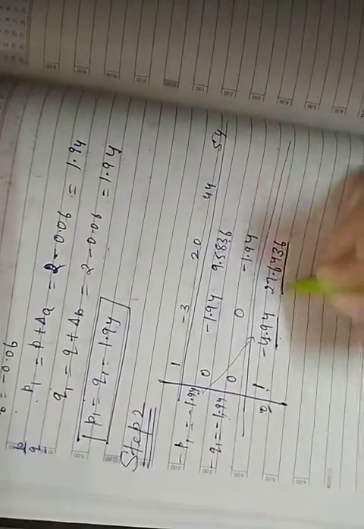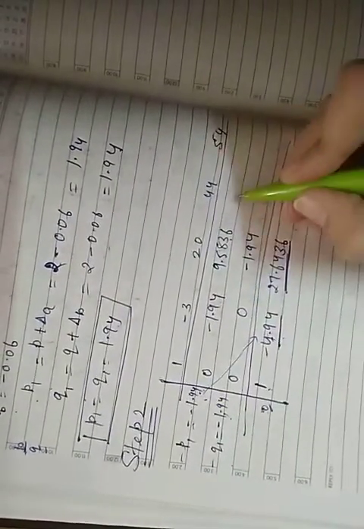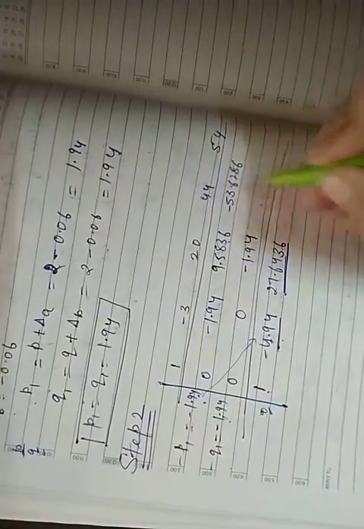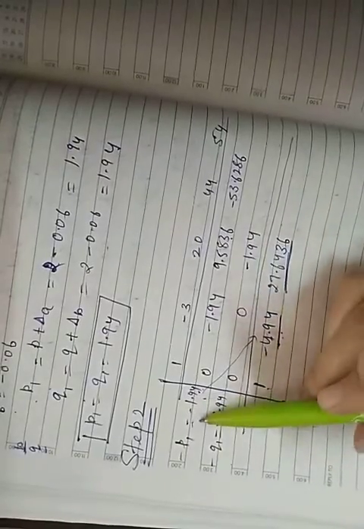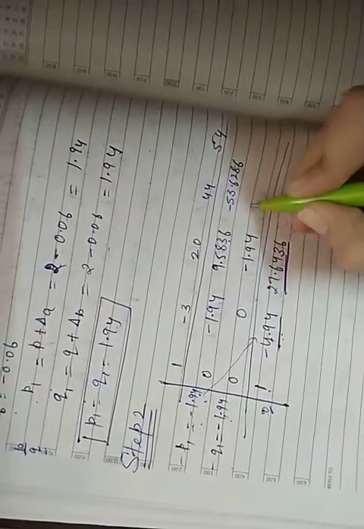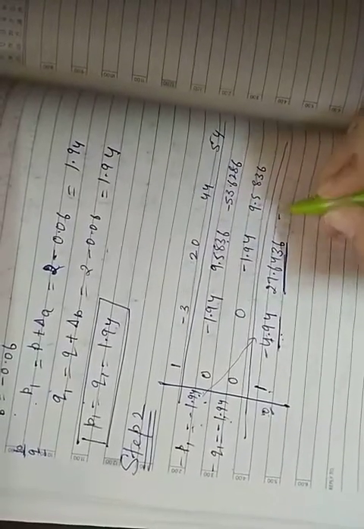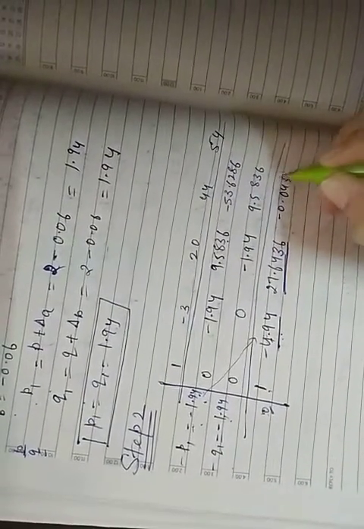Adding these three we get 27.6436. Again this value multiplying by P, we get minus 53.6286. The previous value is multiplying by Q, that is equal to 9.5836. Adding these three values you get minus 0.0450.